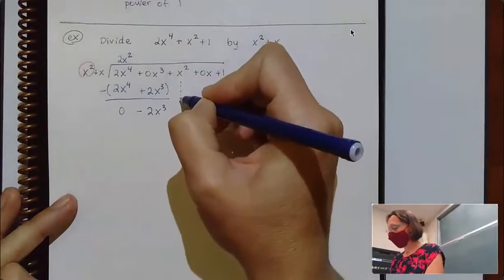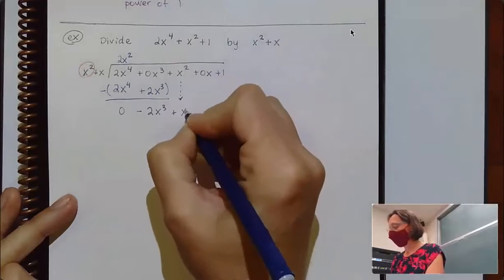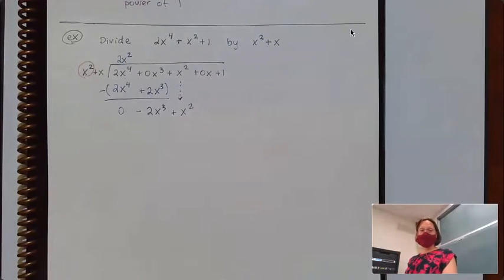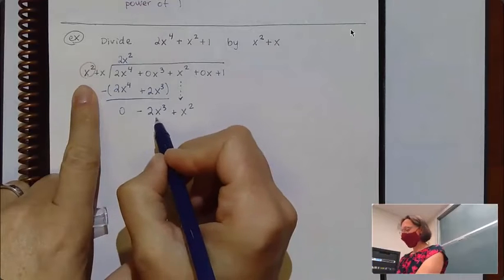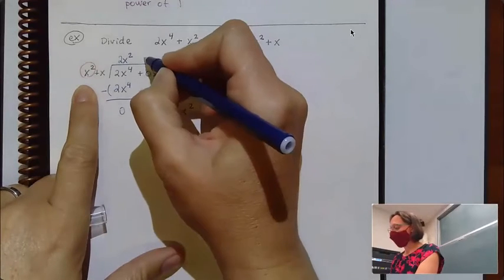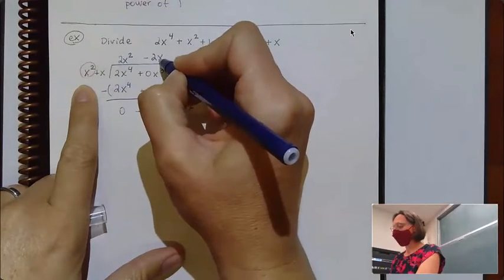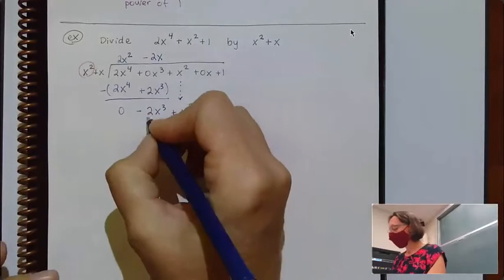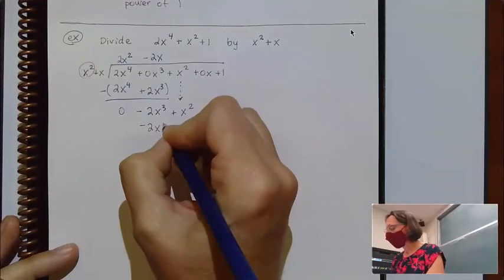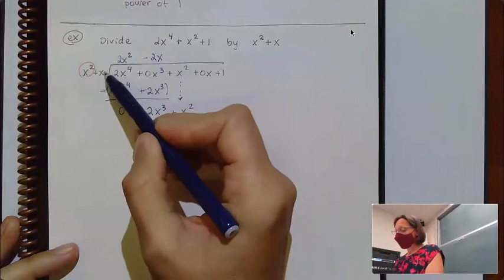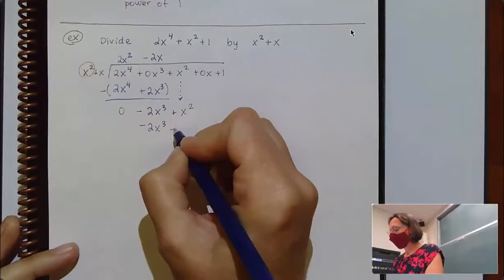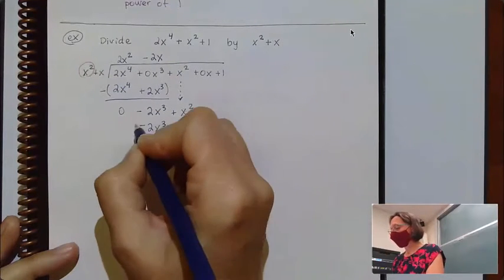And then I'm going to bring down my x squared. On my next step, x squared times what is going to give me that negative 2x cubed? I'm going to need a minus 2x. Distributing that through, I'm going to have negative 2x cubed, and negative 2x times x would be negative 2x squared.